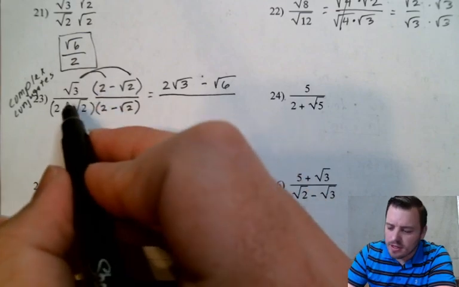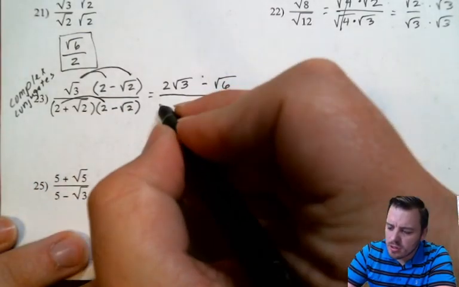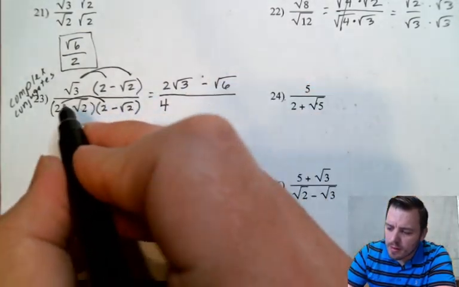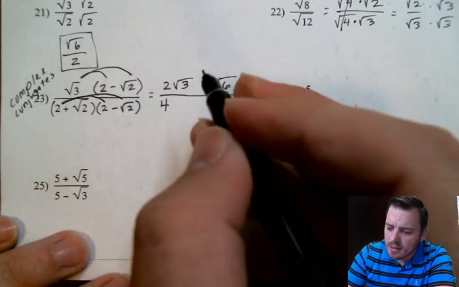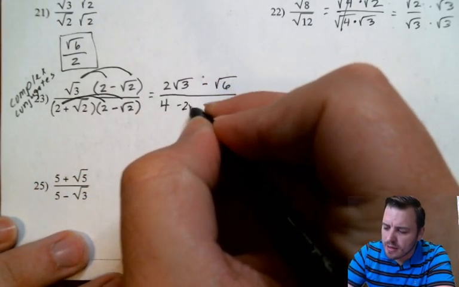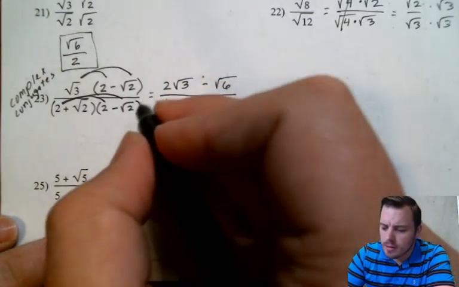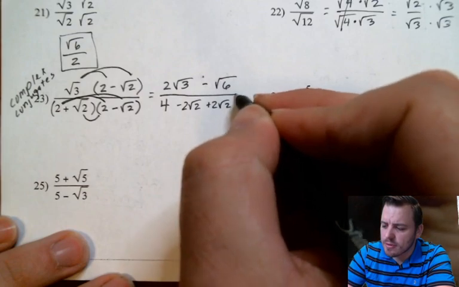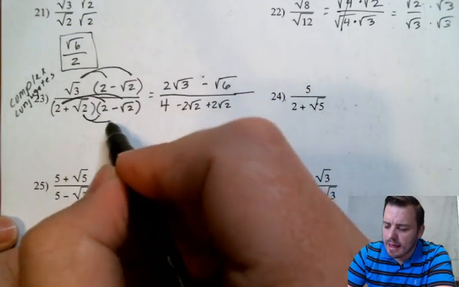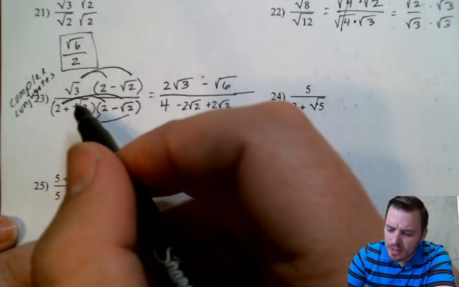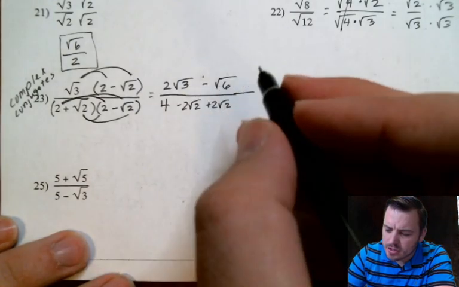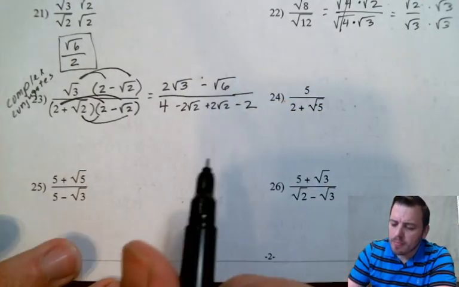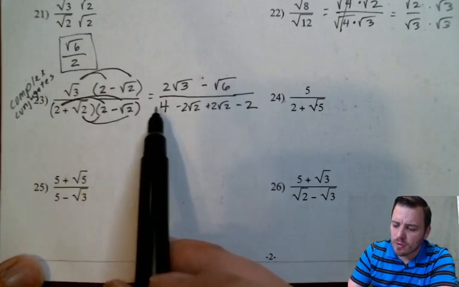Now we FOIL this. First would be 4. Outside would be negative 2 radical 2. Inside would be plus 2 radical 2. And last would be minus 2. So again, first 2 times 2, 4.